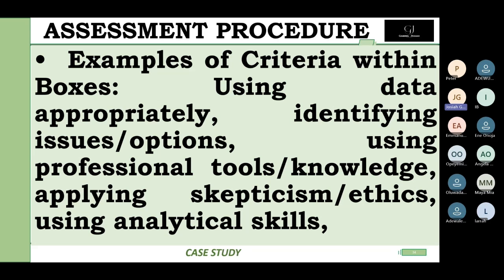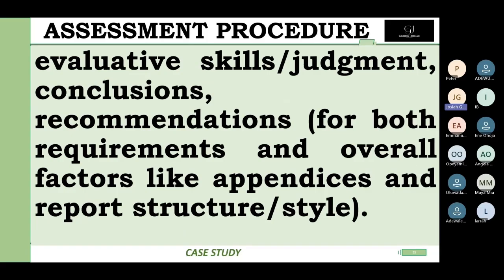That's the 4th box. The 5th box is your professional ethics, ethical considerations, very important. That's a criterion. If you don't provide ethical issues, you have slim chances of passing the case study paper. And finally, your professional skills and judgment, evaluative skills and judgment around risk assessment, looking at risk from a positive and negative perspective.